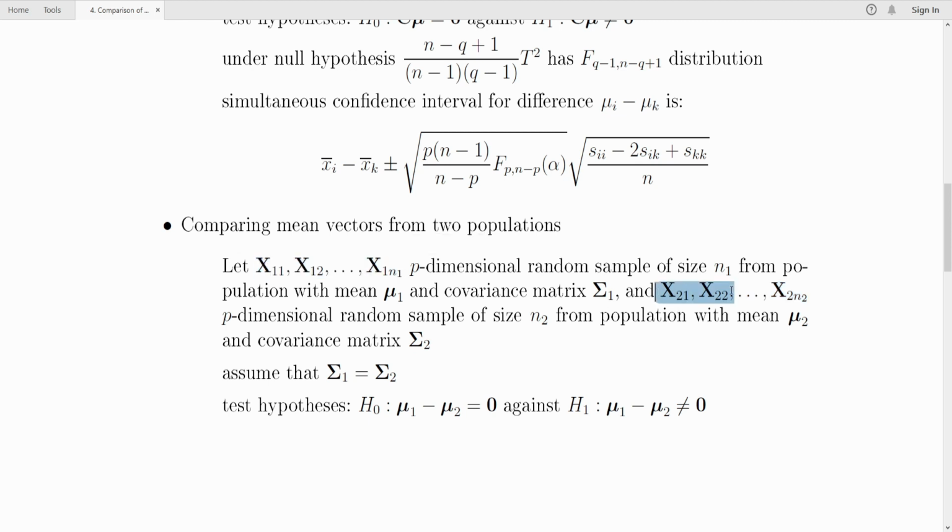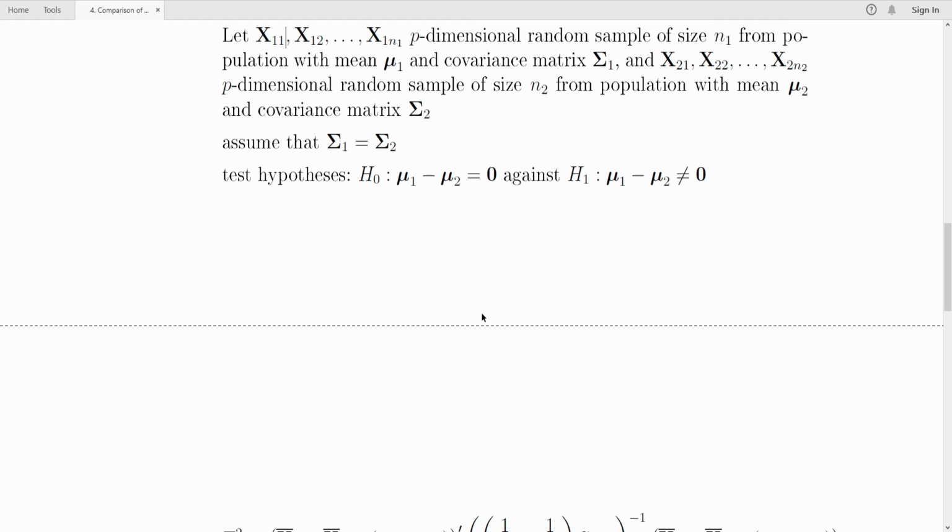This sample is of size n1 and has mean mu1 and covariance matrix sigma 1, and the other one has mu2 and covariance matrix sigma 2. We assume the covariance structures are equal, and that both come from a multivariate normal distribution with the same covariance structure.